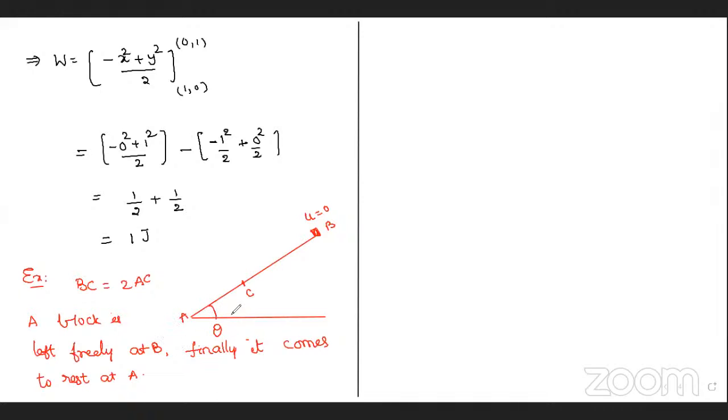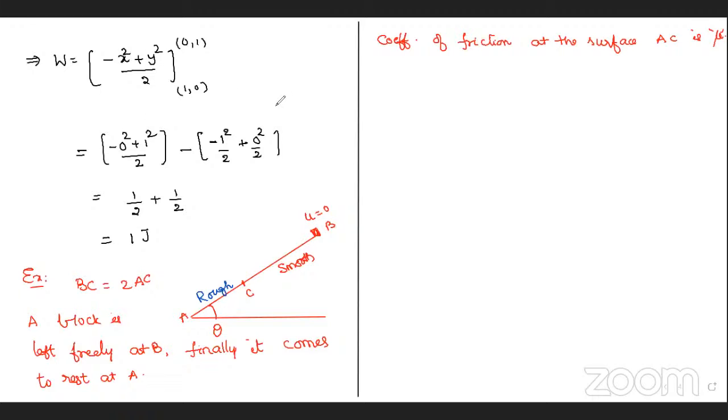Angle of inclination, already I gave it as theta. Till here you understood? And he said that BC is smooth and the AC part is rough. Clearly he mentioned this is rough. Just he is giving the coefficient of friction at the surface AC is mu. Take it as mu.